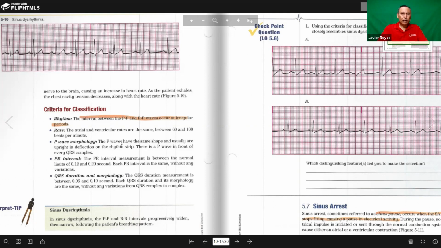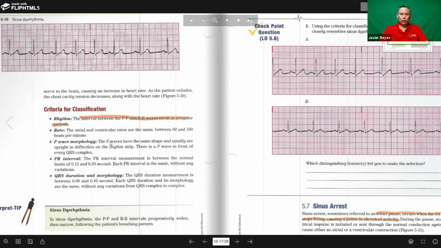Okay, so let's look at the classification real quick. The rhythm, the interval between the PP and RR waves occur at irregular periods. The rate is going to stay the same, normal, between 60 to 100. The P waves are going to be present because it's a sinus. Remember, we call it sinus dysrhythmia, so there's always going to be a P wave present.